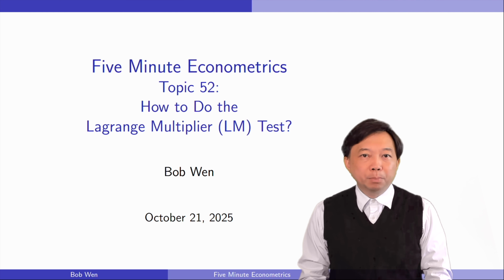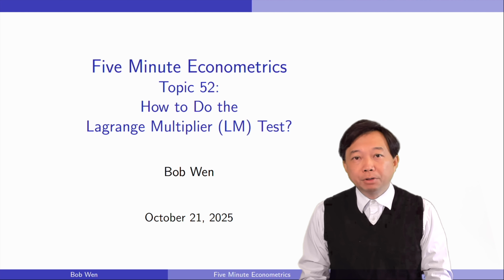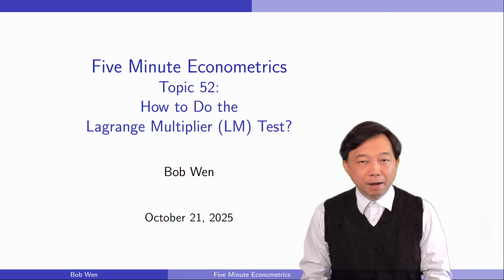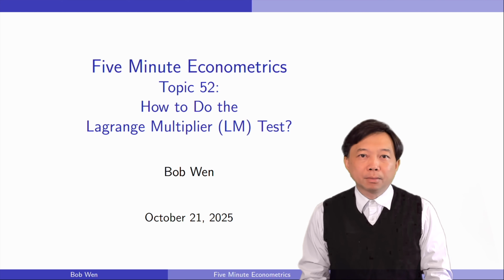Today, we will explore the Lagrange Multiplier LM statistic and the LM test. In previous topics, we have learned the t-test and the f-test. The LM test, like the f-test, is used for testing multiple exclusion restrictions.